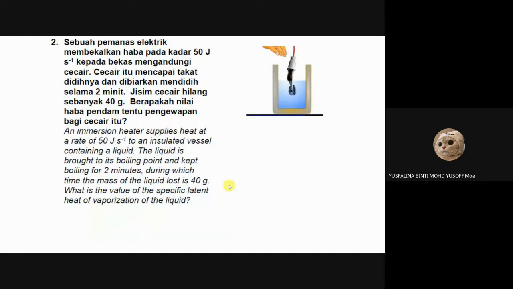Okay, how about this one? You see here an immersion heater supplies heat at the rate of 50 joule per second. Some of you must ask, what is the 50 joule per second? This one is actually power, because power is equal to work over time. Work has the unit joule, time has the unit second, so that's why you got J s^-1.